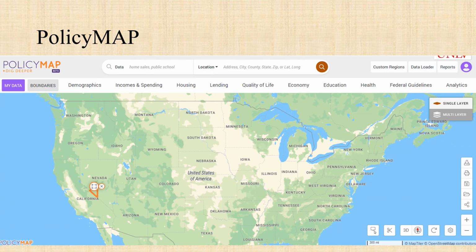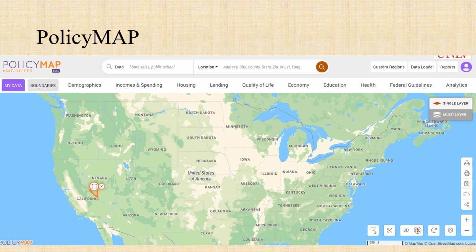Next on the list is the policy map. Policy map is a new beta design that we are testing here at UNLV. It provides information on specific areas, and so you can go in and you can find out about demographics, incomes and spending, housing, lending, quality of life, the economy, education, health, etc. for individual counties within a state, and even in some cases metropolitan areas.